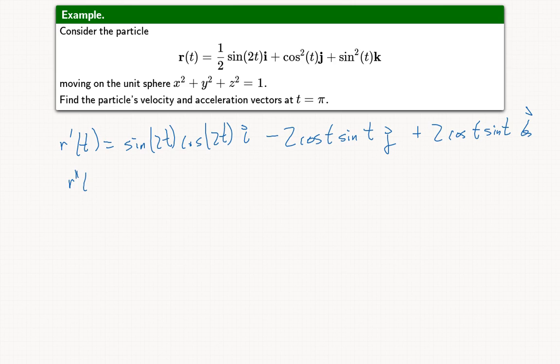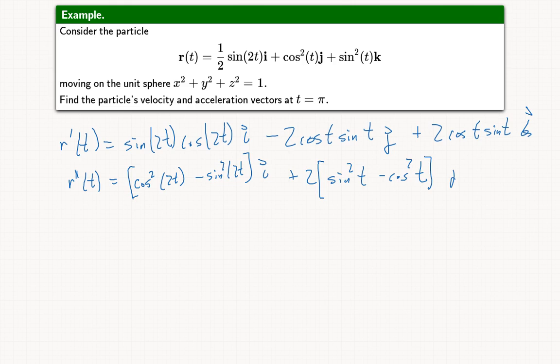Then the acceleration at a general time will give us cos squared 2t minus sine squared 2t times i plus 2 times sine squared t minus cos squared t times j plus 2 cos squared t minus sine squared t k.